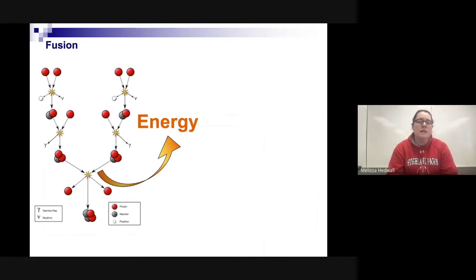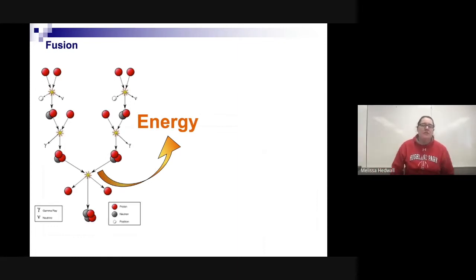So those two protons come together. They collide. A positron is released as well as a neutrino. And then you have a red and a gray connected below that. The red is the proton, the gray is the neutron. Remember that when you release that positron, you're going from a proton to a neutron. It's actually changing form.